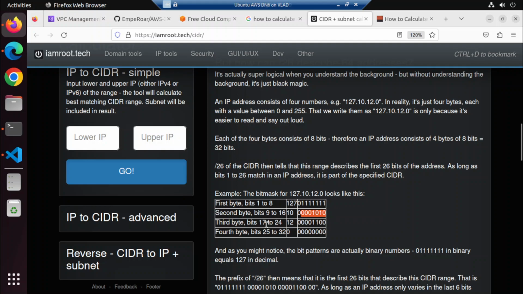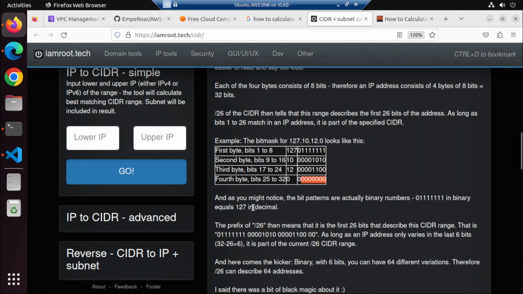Then third byte, bits 17 to 24, is 12. And fourth byte, bits 25 to 32, is 0. So these are all 0. As you might notice, the bit patterns are actually binary numbers. This one here in binary equals 127 in decimal.